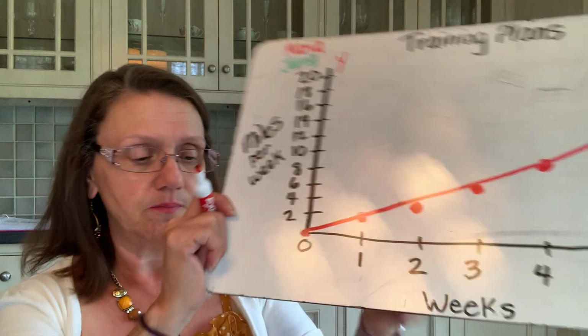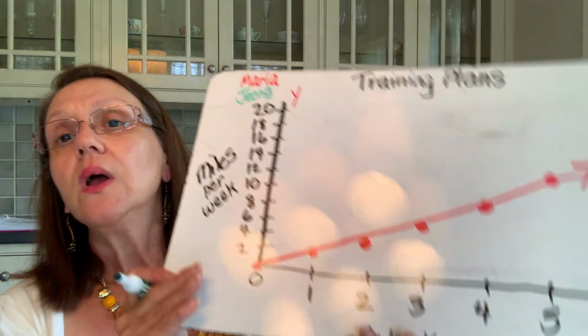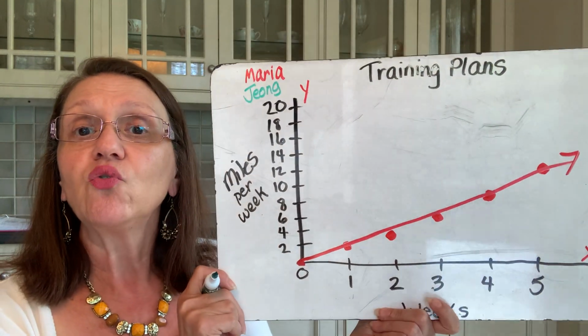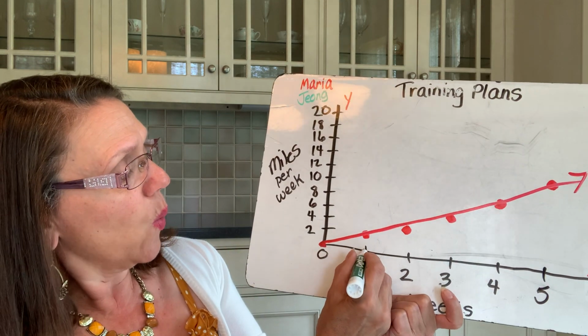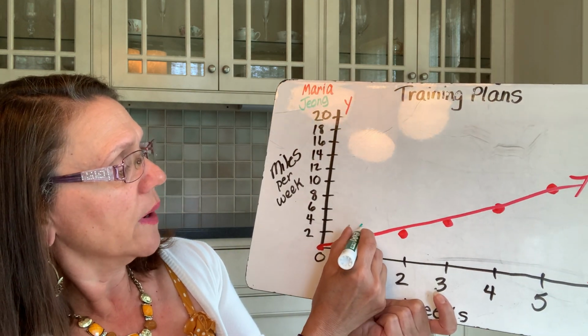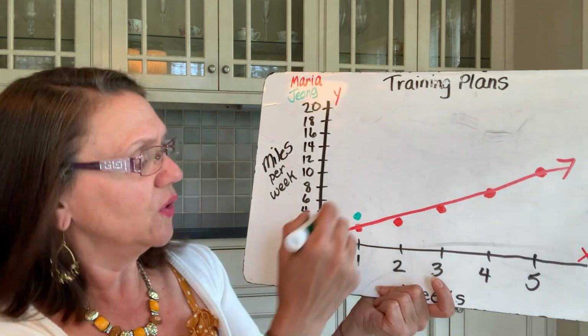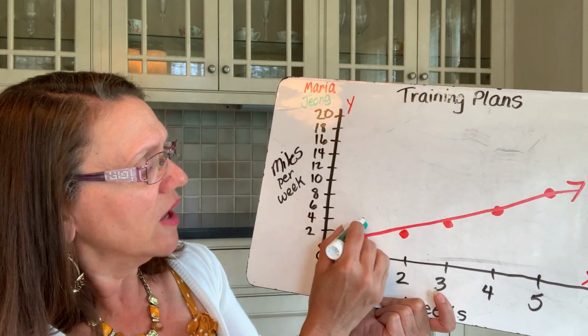So that's Maria. Next, we're going to look at Jay. For Jay, we're going to use green. We're going to do the same thing with Jay's ordered pairs, but this time our first ordered pair is 1, 4. So we start at 1, 4. Now, some kids I've learned like to draw boxes here.